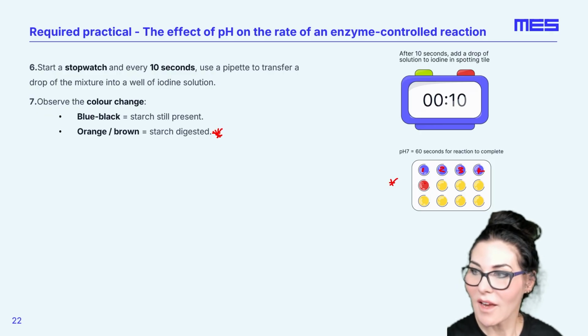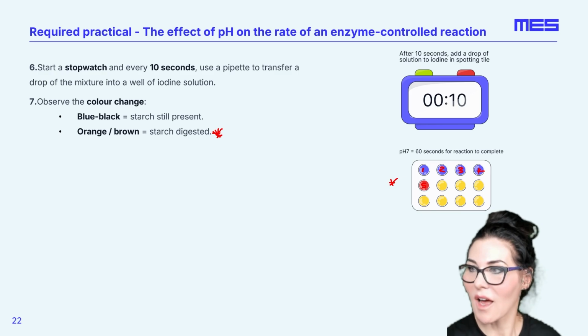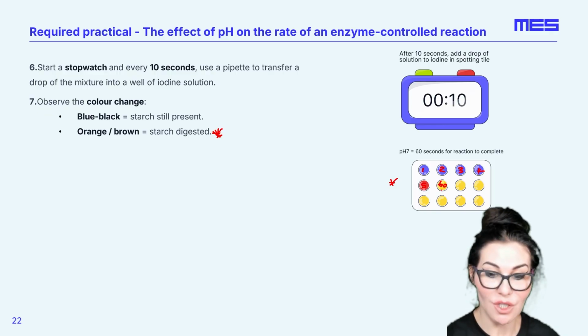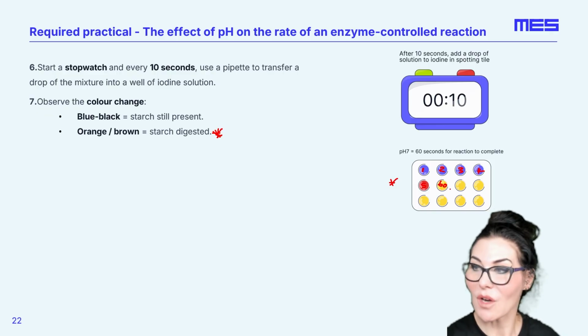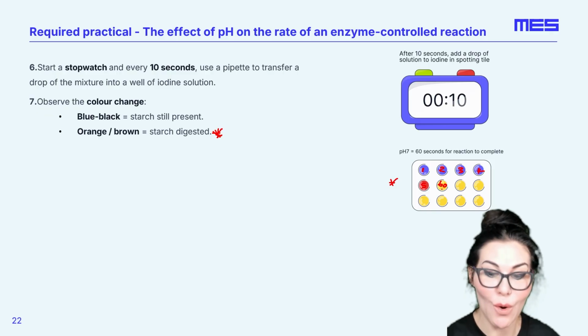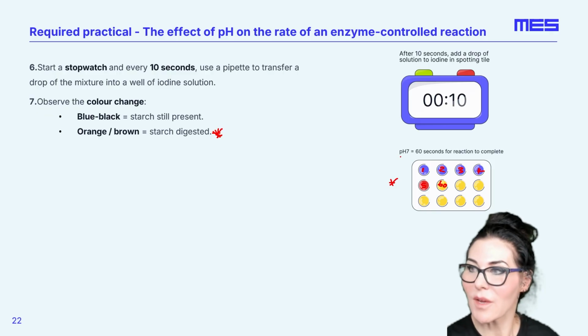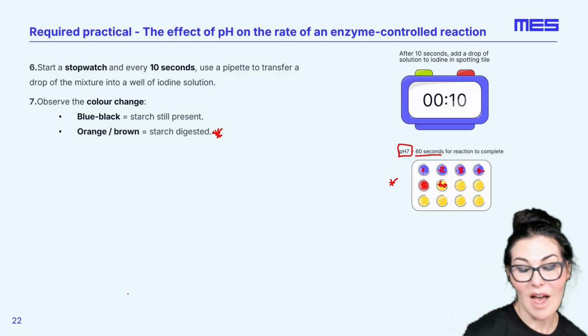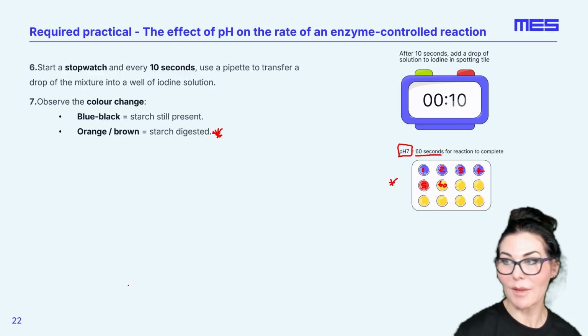But then 50 seconds later, we start to see a change. And then by 60 seconds, there is no starch left in that test tube because the amylase must have broken it down. So if this pH buffer that we used had been pH 7, then we know it took 60 seconds for the reaction to happen at that particular pH.